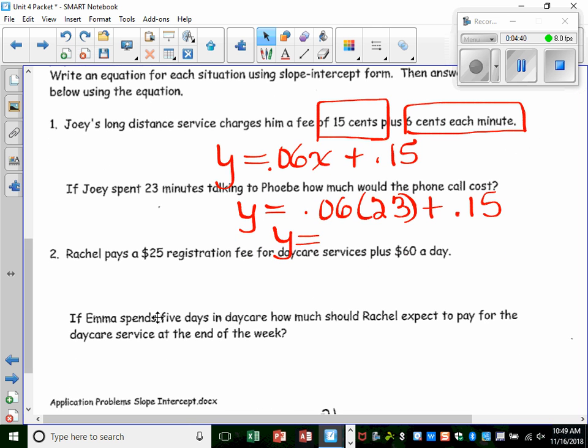All right, so $1.53. And let's make sure we put a dollar sign if we're referencing money. Just put a dollar sign there.